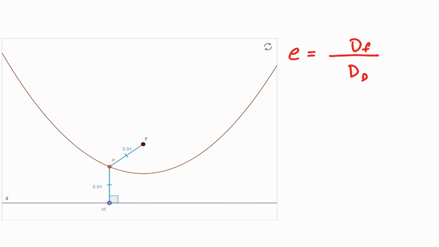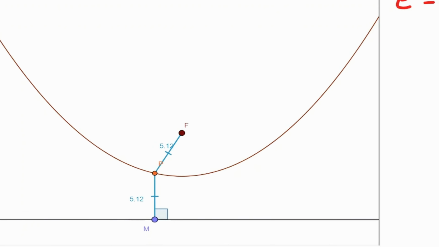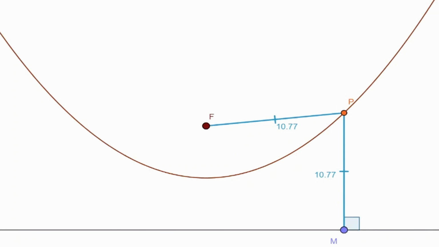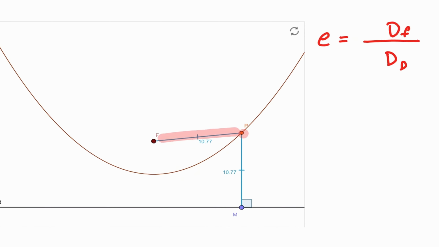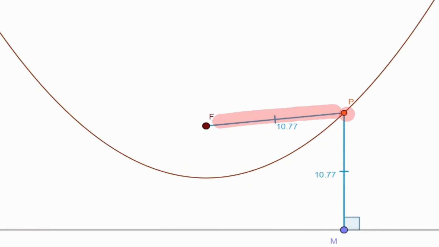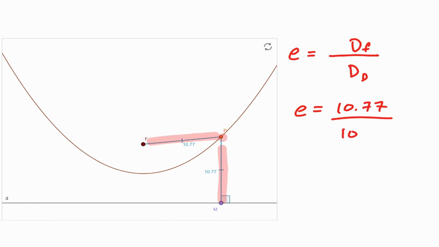So regardless of any point that we choose in this parabola, let's choose this one here now, we will obtain the same result. The distance that it has to the focus is 10.77. The eccentricity is 10.77 divided by the distance that it has to the directrix, which is 10.77 as well, which gives us still the value of 1.